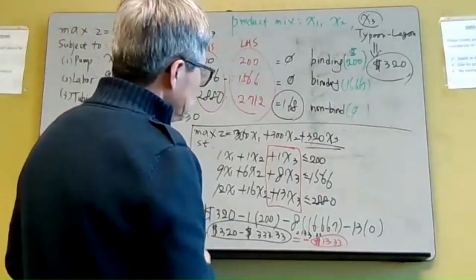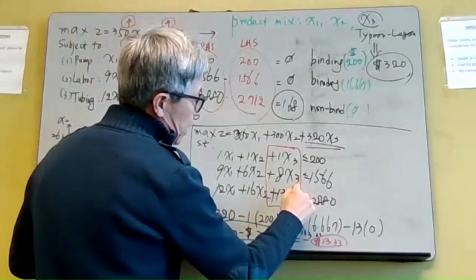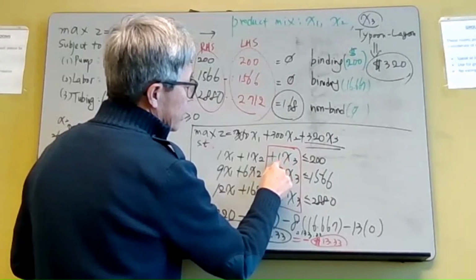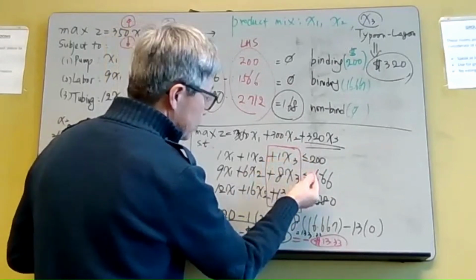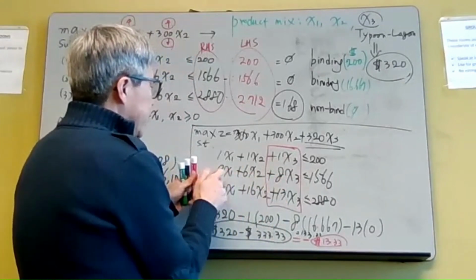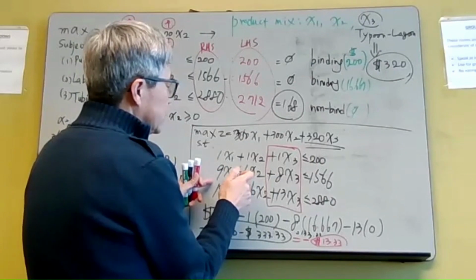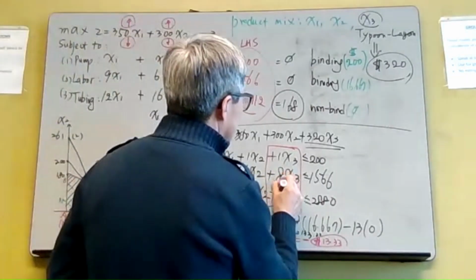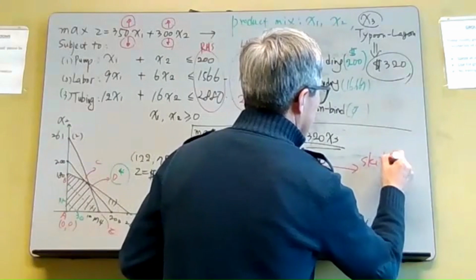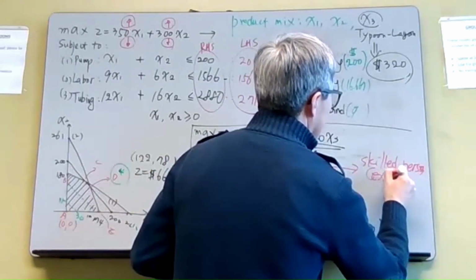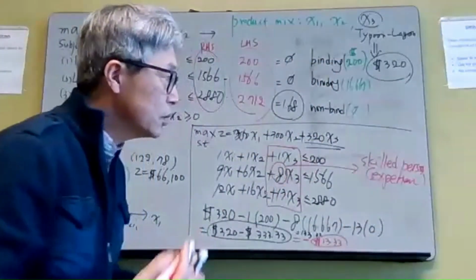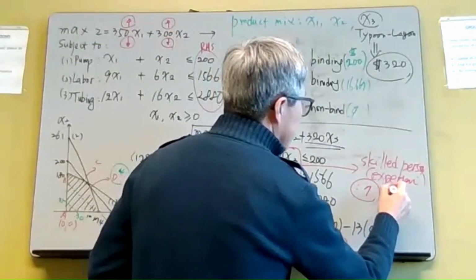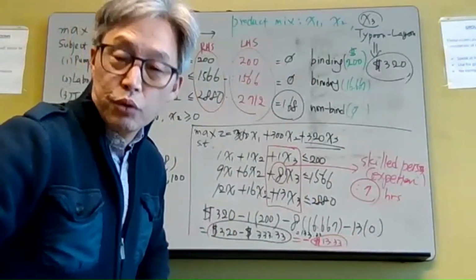However, Typhoon Lagoon needs 8 extra labor hours. Looks like you cannot change the pump because 1 is the minimum number of pumps to produce that product. Well, you see, to produce X1 is 9 hours, X2 we need 6 labor hours. You still need 8 labor hours for type 3. But if you hire a skilled person who has experience from a different industry, maybe, then if you need 7 labor hours, what's going to be the result?